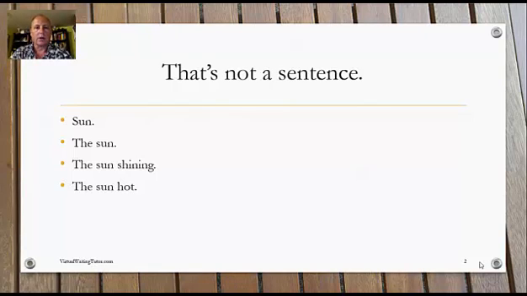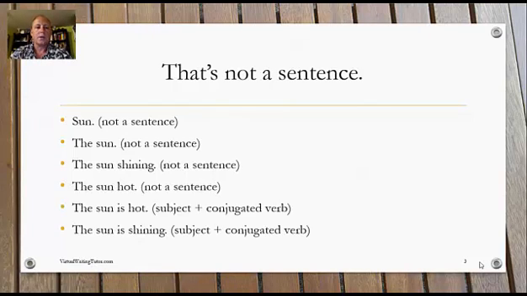Well, we need to add a conjugated verb. The sun is hot is a complete sentence. The sun is shining is a complete sentence also, because now each of them contains a conjugated verb, in this case the verb to be conjugated as is.